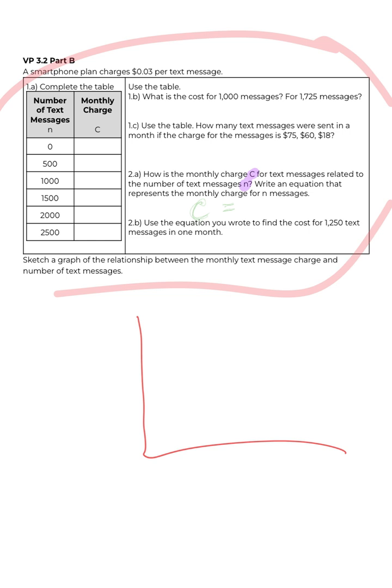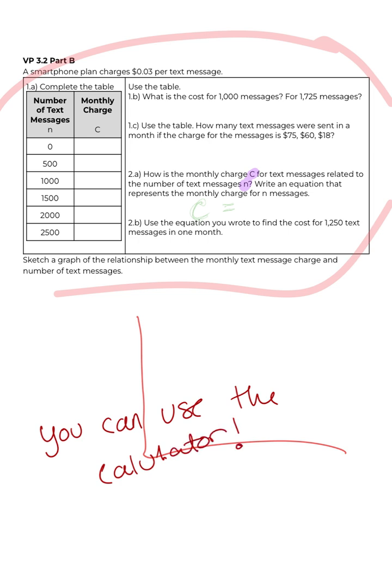Here's the cool thing. You can use your calculator. Yes, I said it, and I will write it to make sure you understand that the calculator is allowed for this activity. That means you can't watch this video while you're doing it though. So you need to come off this video, go do that, and come back for the answers.